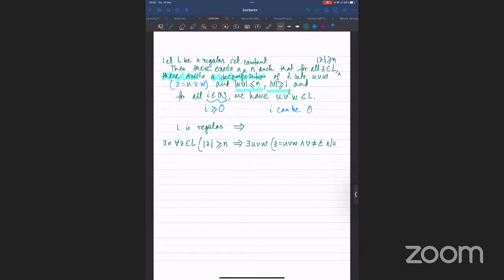UV less than or equal to N, and for all I, UV^I W belongs to L. Now let me close the brackets. So this is what we are saying.